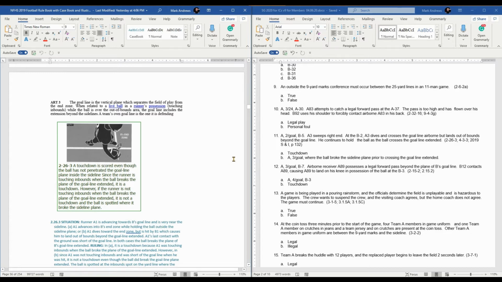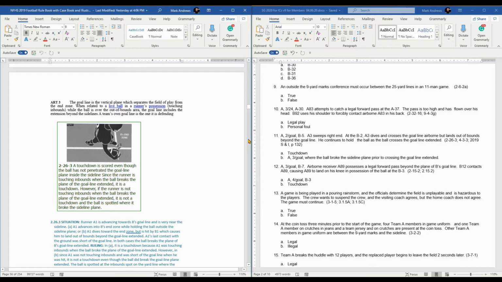Or is it A, third and goal, where the ball broke the sideline plane prior to crossing the goal line extended? Now, goal line extended is a complicated concept. Matt Sumstein has just produced a fantastic video on this subject, and I will be sharing that with you.